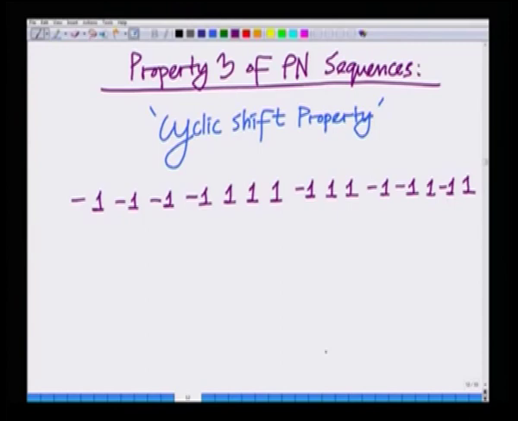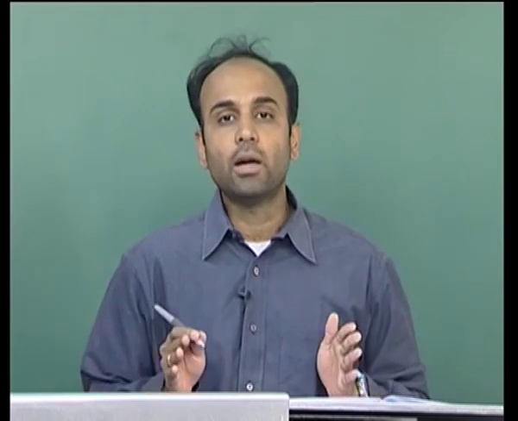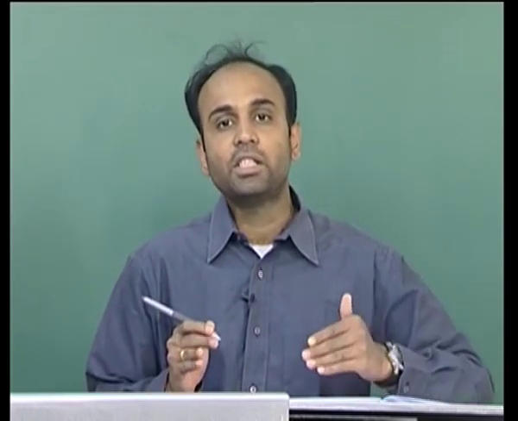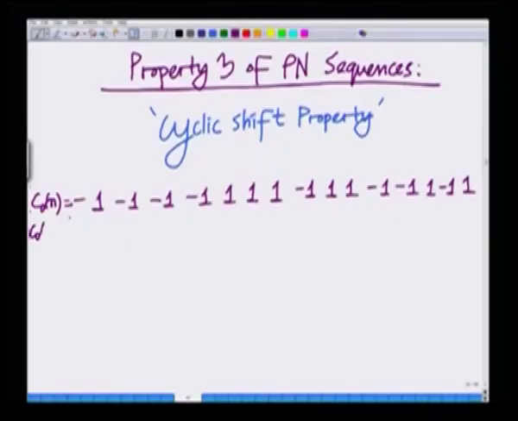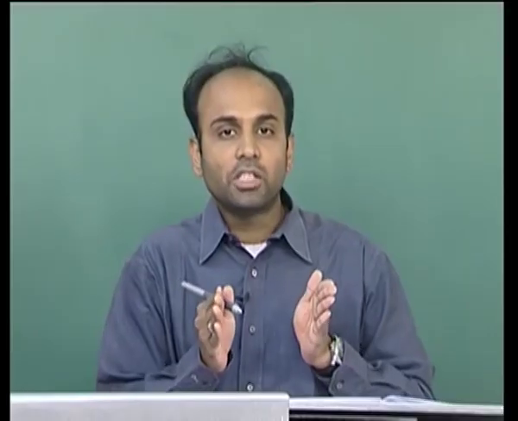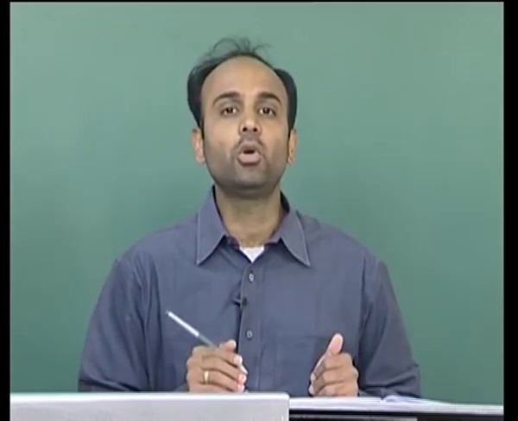Let me call this code C0 of n. Now, what I am going to do is take this code and shift it in time. I am going to consider C0 of n minus 2, which is taking each chip of this code and shifting it to the right by 2 units.